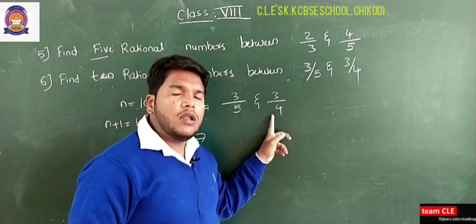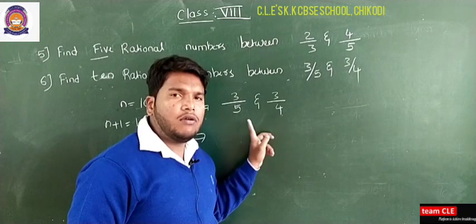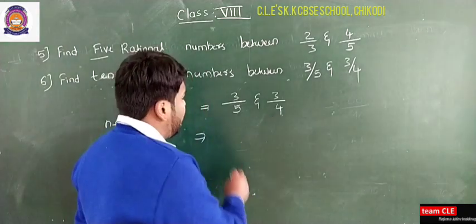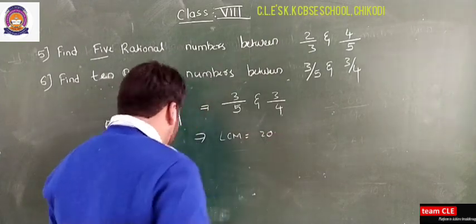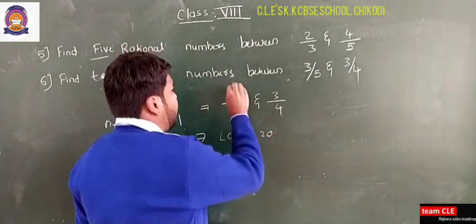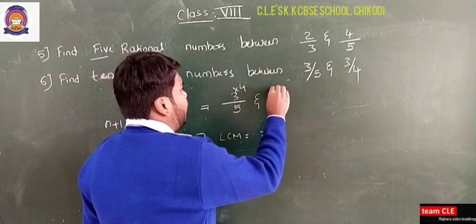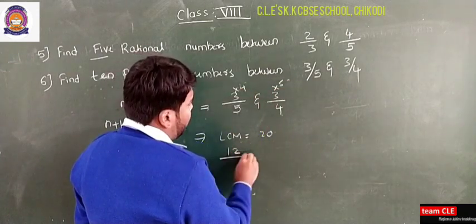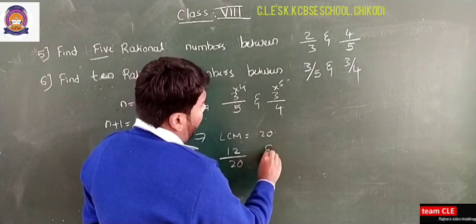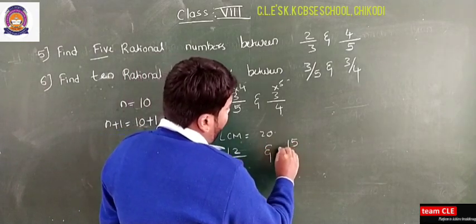Now you have to take the LCM of 5 and 4. So LCM of 5 and 4 is equal to 20. So 5 4s are 20 and 4 5s are 20. So 4 3s are 12, that is 12 by 20, and 5 3s are 15, that is 15 by 20.